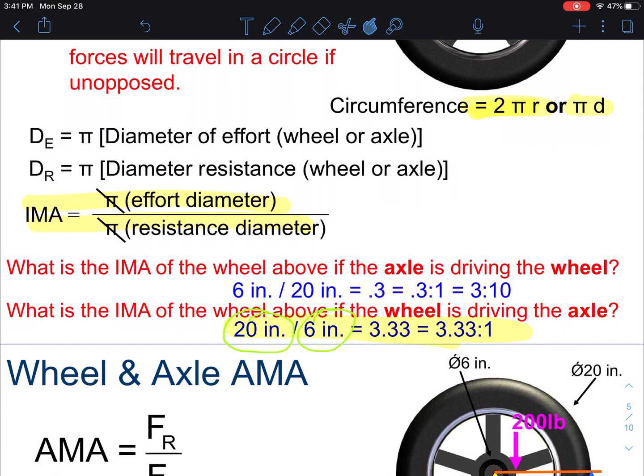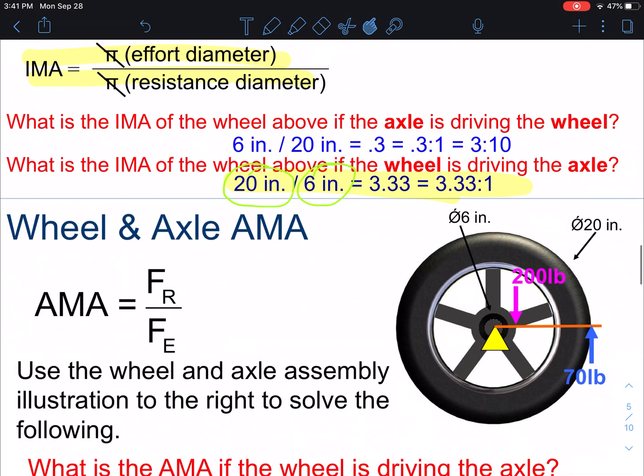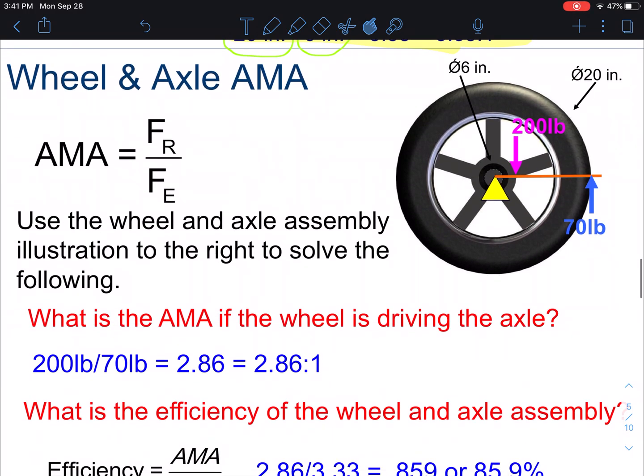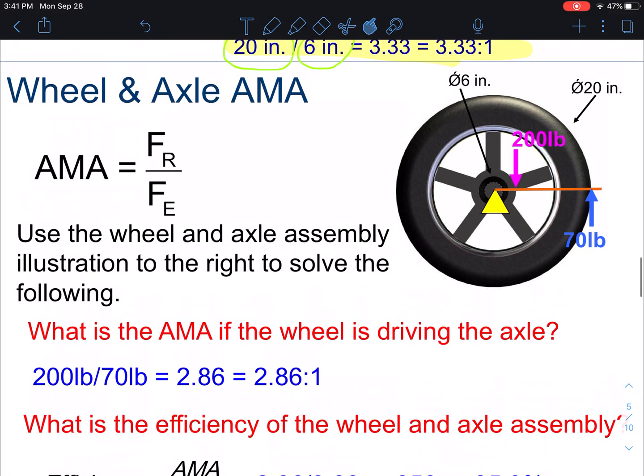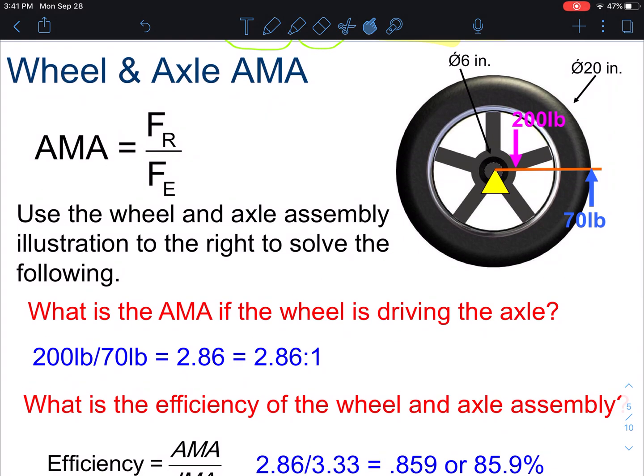And then we have the wheel and axle AMA. The AMA is comparing forces, the force of the resistance divided by the force of the effort. Here we have the force of our effort, and here we have the force of our resistance. So resistance divided by effort, we get 200 divided by 70, which gives us 2.86.